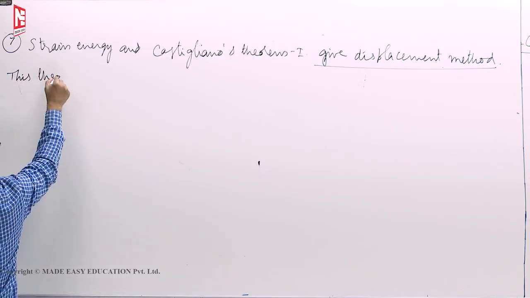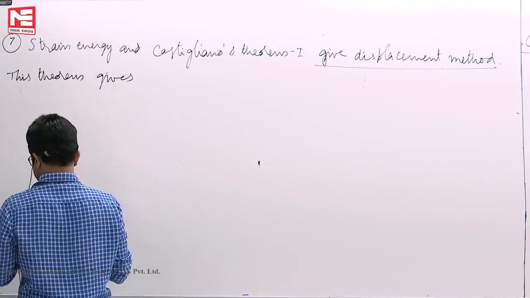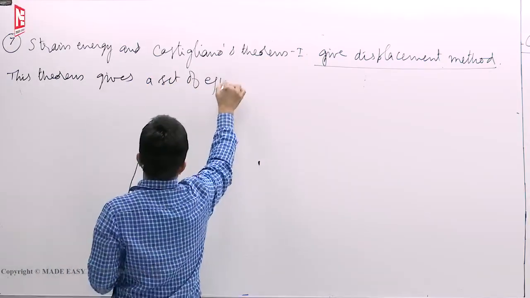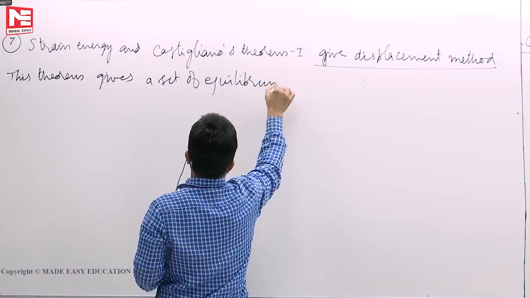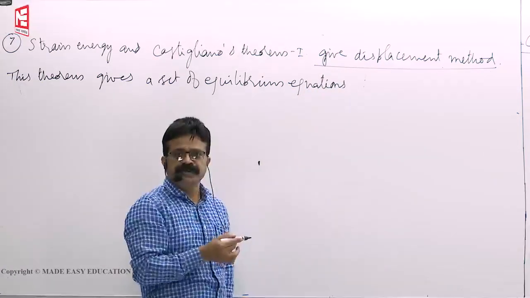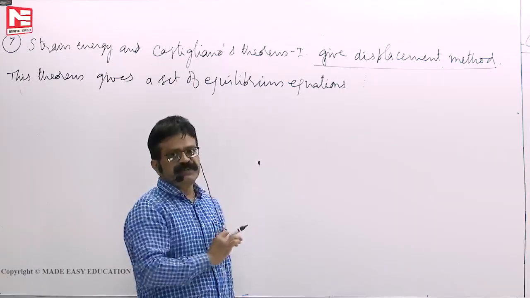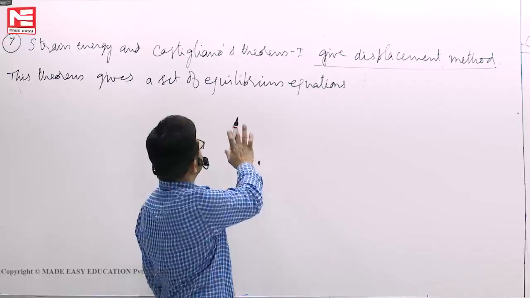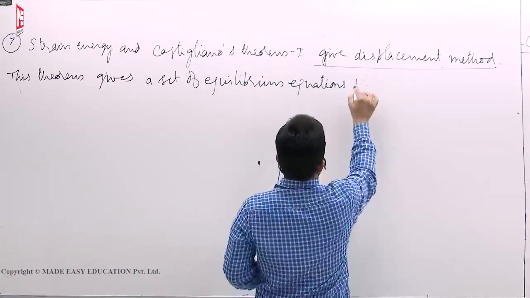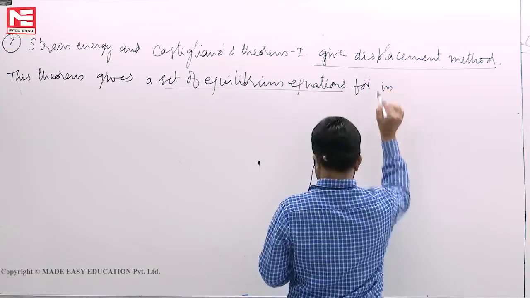This theorem gives a set of equilibrium equations, as in matrix methods when you take the displacement method, for indeterminate structures.